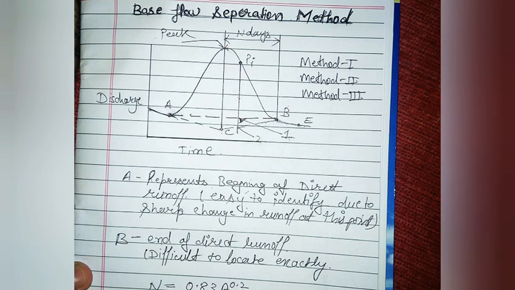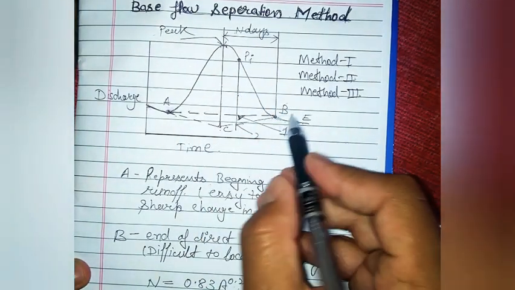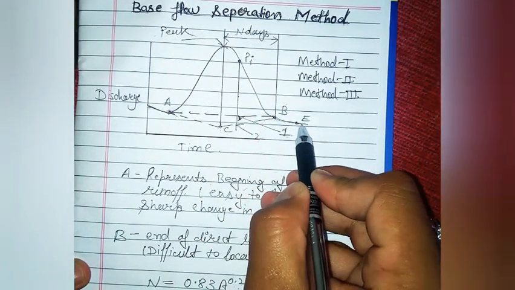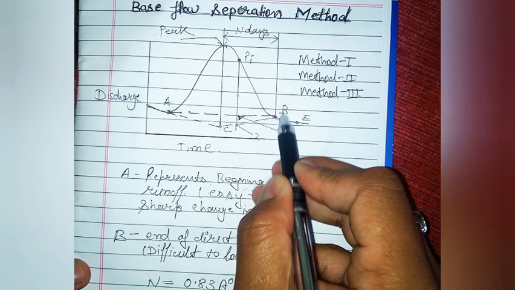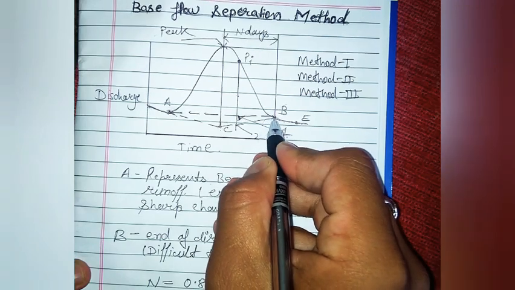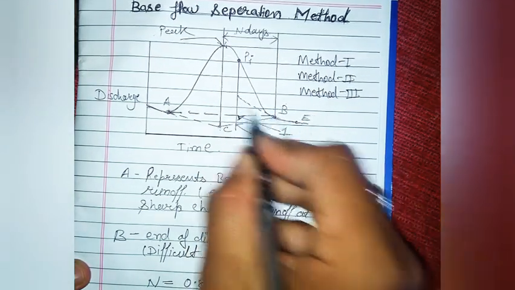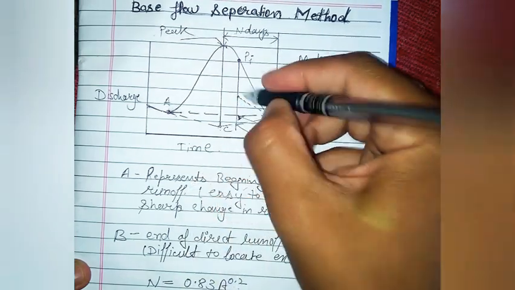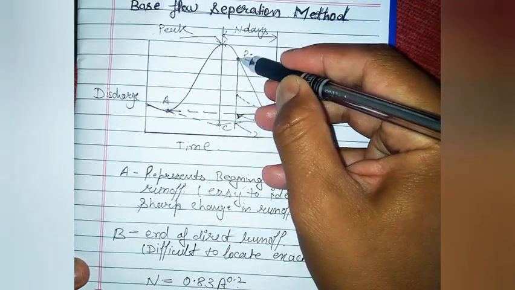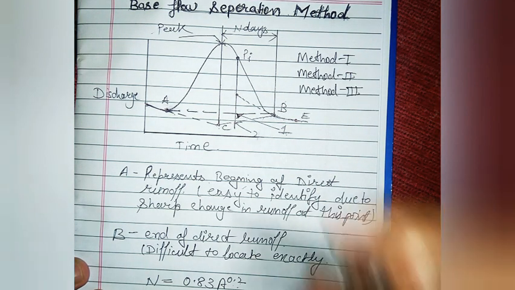Method number 3. What we do in method number 3 is extend the curve after point B backward, up to the point where it intersects this line.